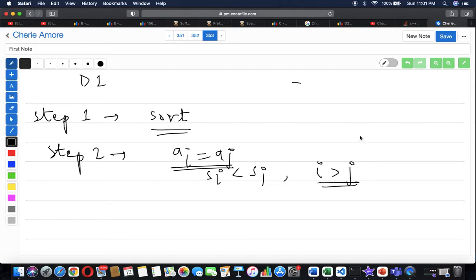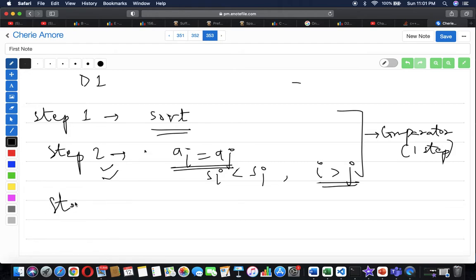For people who've done the sorting using a comparator, you don't need to do it in individual steps, it is only one step. But for people who have done a normal sorting technique, you have to do it in step two also to make sure that it can be done, right?